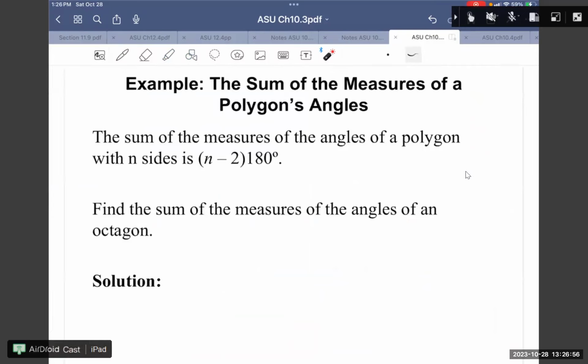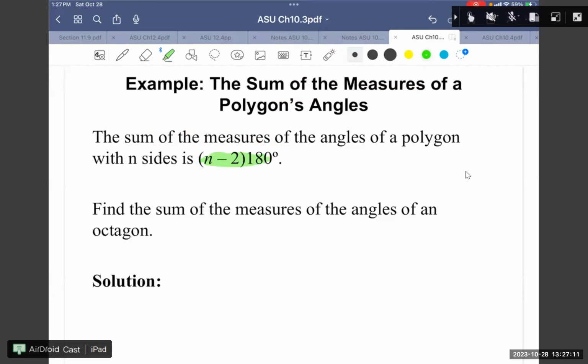So another example, the sum of the measures of a polygon's angles. The sum of the measures of the angles of a polygon is (n minus 2) times 180.